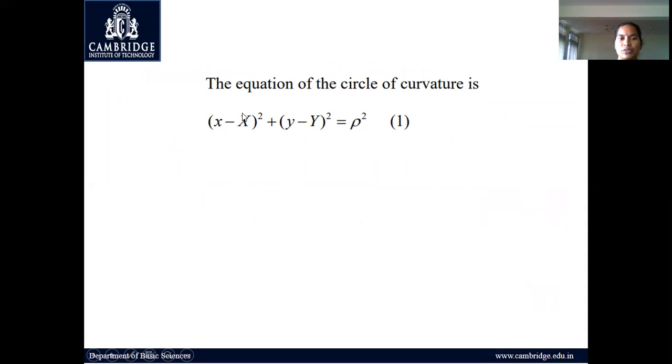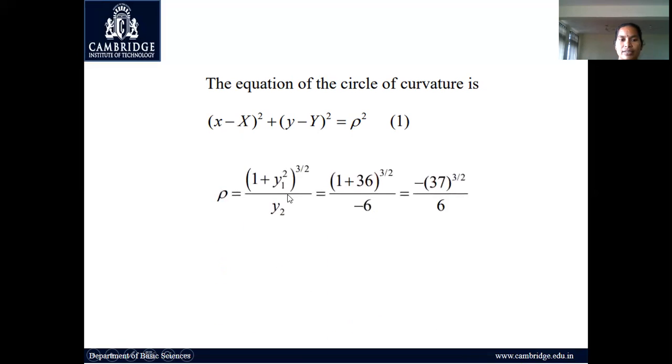Now we have to substitute x and y, but the radius of curvature we have to identify. To find the radius of curvature, we know that in the Cartesian form the formula is rho is equal to (1 plus y1 square) to the power 3 by 2 by y2. We already know the y1 value and y2 value, so we substitute here. 1 plus y1, we have minus 6 whole square, which is plus 36.